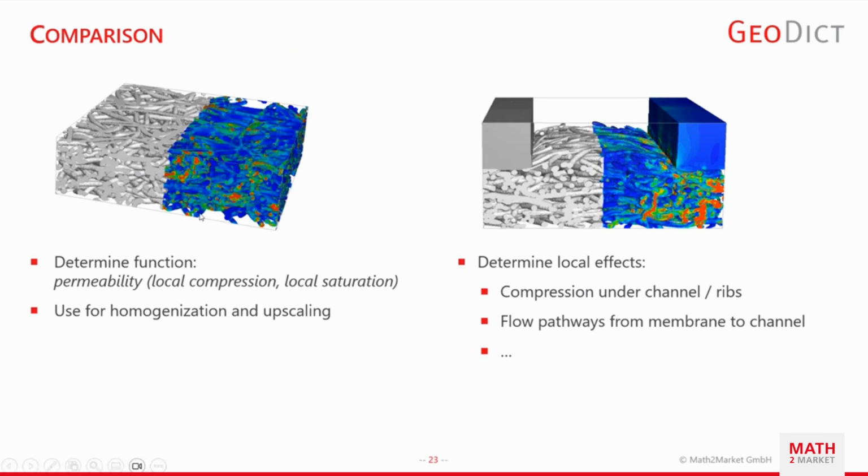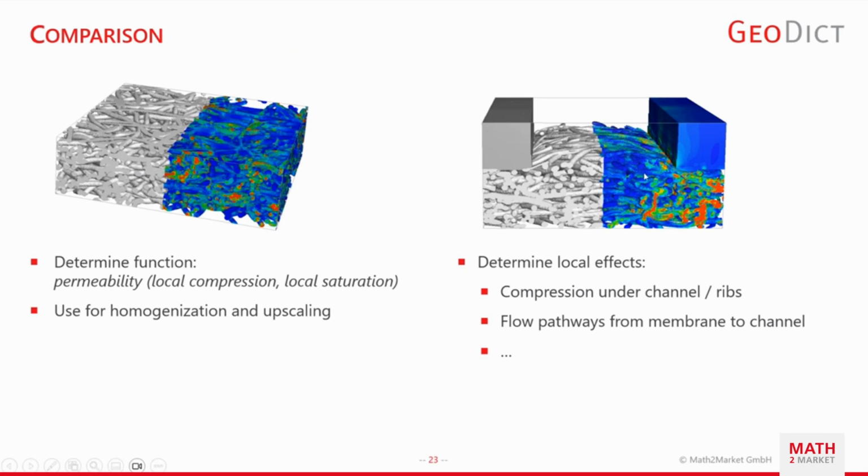So if you want to have a function for upscaling, you always use this one. Then under the channel and under the rib, you have a different local compression, and then you have it in a different position of this function. But you still need to compute it from this model.